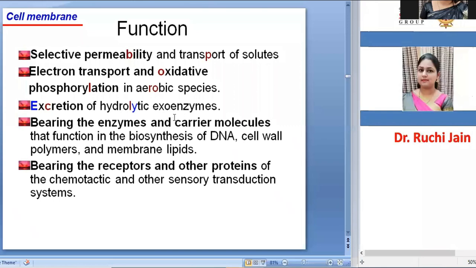It bears the enzymes and the carrier molecules that function in the biosynthesis of DNA, cell wall polymer, and membrane lipids. And it also contains receptors and other proteins of a chemotactic and other sensory transduction system. So it helps as a receptor also for various types of cell and other microorganism purposes.